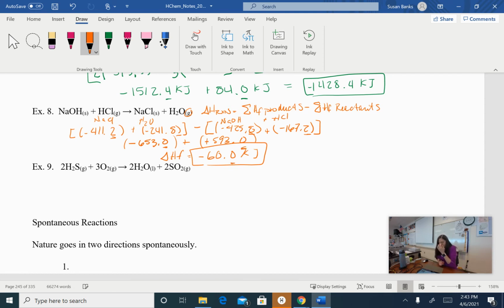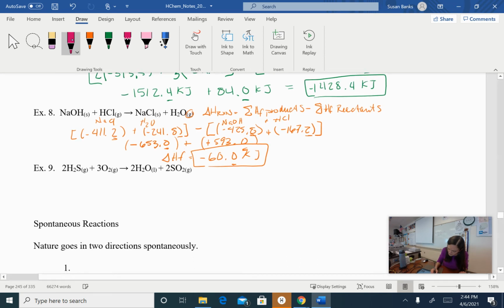Okay? One last example. I've got 2 hydrogen sulfides plus 3 oxygens going to 2 waters in the liquid state at this point, and 2 sulfur dioxides. Once again, I'm grabbing these values from the table that is in the previous couple pages. So my hydrogen sulfide is negative 20.6.